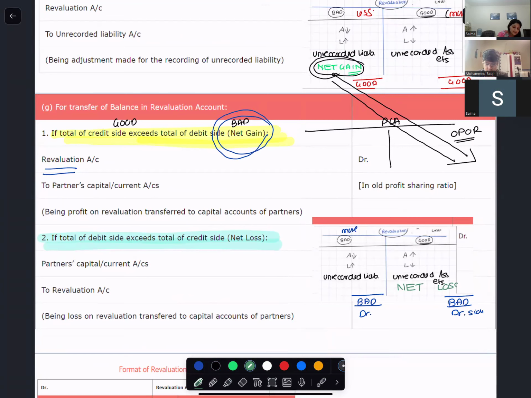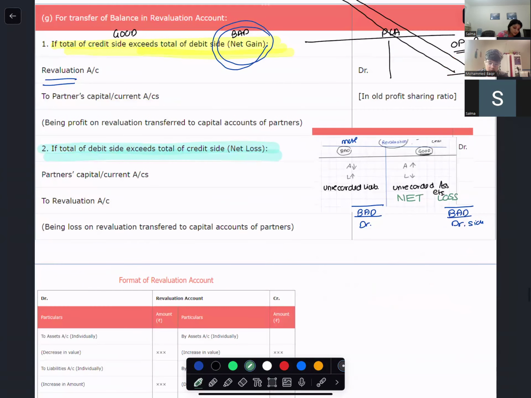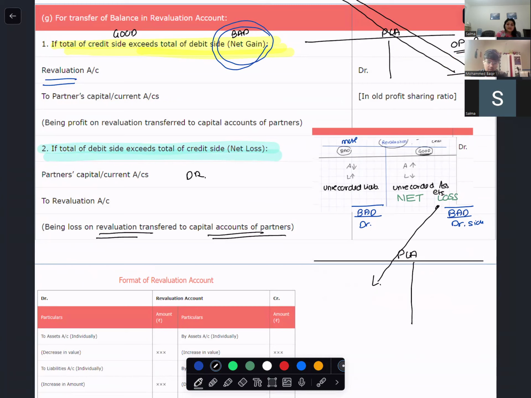Where will this net loss go? To the partners' capital account, debit side. The journal entry: Partners' capital account debit to revaluation account. The loss on revaluation is transferred to the partners' capital account.